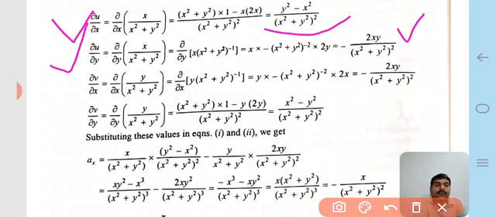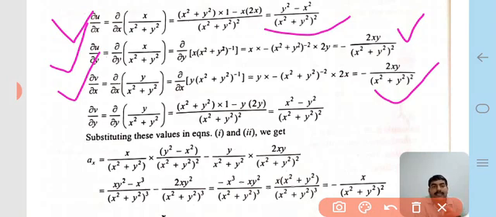Again, the partial derivative of the velocity component along the y-axis with respect to x, del v upon del x, putting the value of v is y upon x square plus y square and solving, we have del v upon del x is equal to minus 2xy upon x square plus y square whole square.